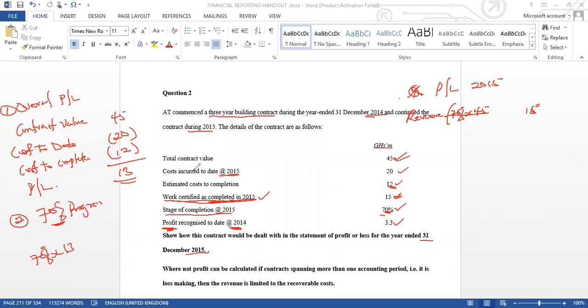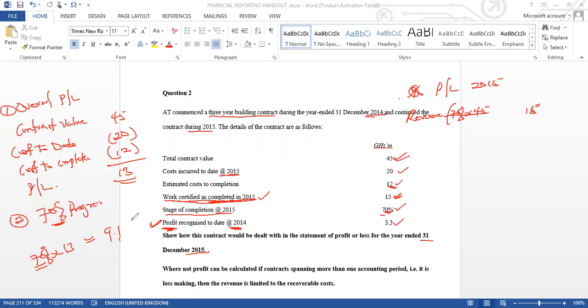Now, they've never given us any cost. So we will probably have to compute the cost, but be careful. They've given you the profit of 2014. So if you determine 70% on this 13, you get the profit to date. So it's 70% times 13, you actually get profit to date, and you less previous year's profit to get your current profit. When I did this, I had 9.1. So now, instead of giving us cost to date, they are giving me profit to date.